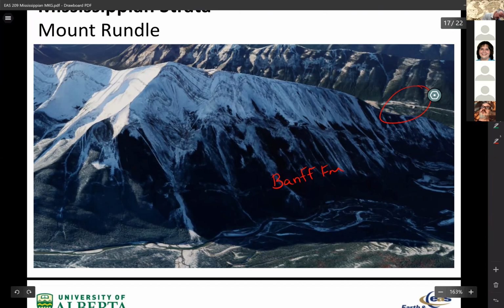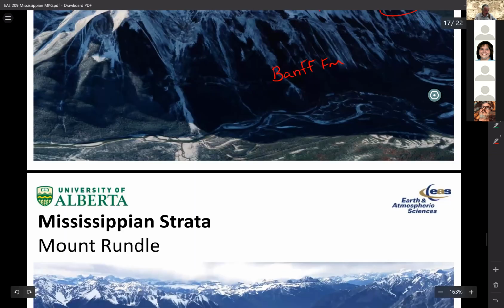And this is Rundle Group strata up here. And this is a very friendly mountain hike, one well worth doing because it's not a technical challenge. It's what we call good exercise in a scramble. And you're rewarded with a heck of a view after.